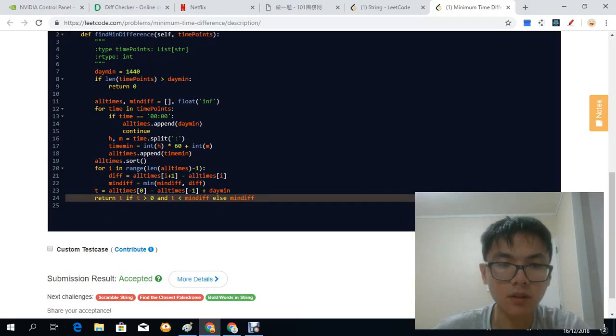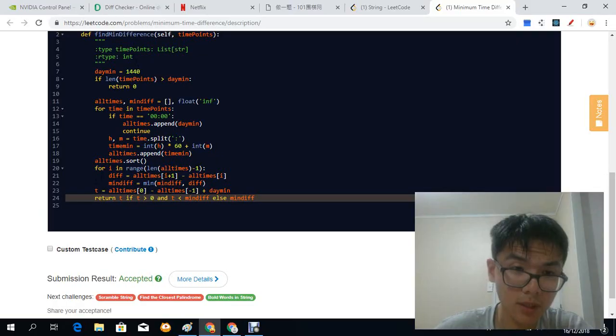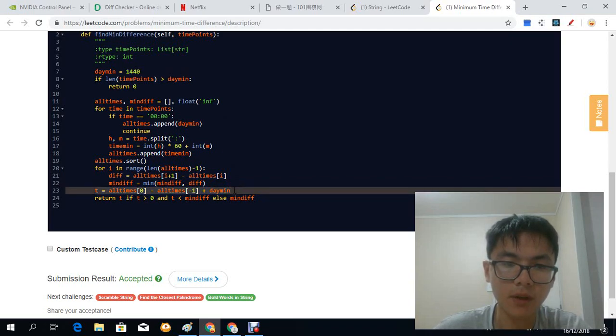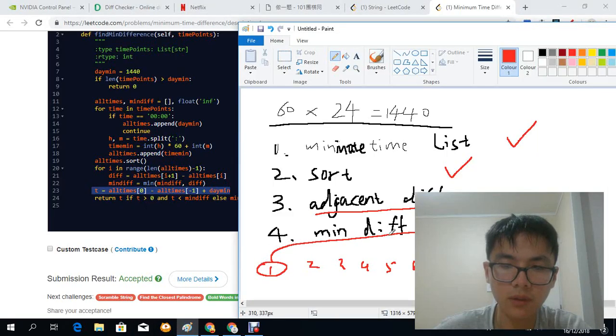Yes, so the tricky thing is a lot of people forget to check this step. I'll think of an example of why you have to check this. So we have already sorted the minutes list, and it's from the smallest to the biggest.